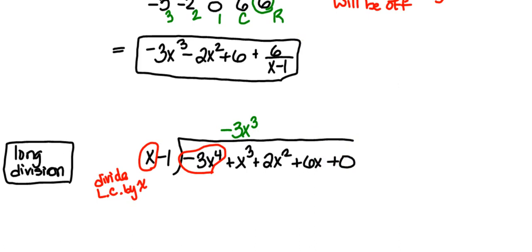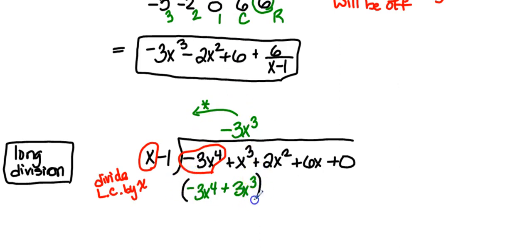What do we do next? Do you remember? We are going to multiply this through. So negative 3x cubed times x is negative 3x to the fourth. Negative 3x cubed times negative 1 is a positive 3x cubed.